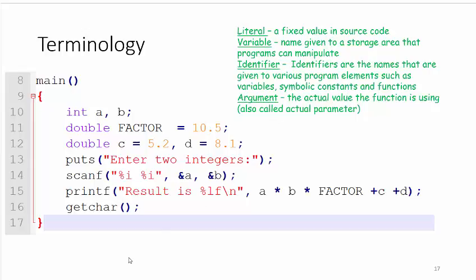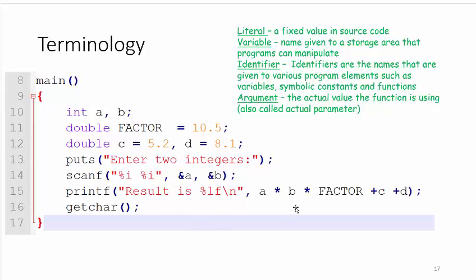A function, which we'll learn more about, always has parentheses, like puts is a function, scanf is a function, printf is a function, getchar is a function, main is a function. Main happens to have no parameter in this case.